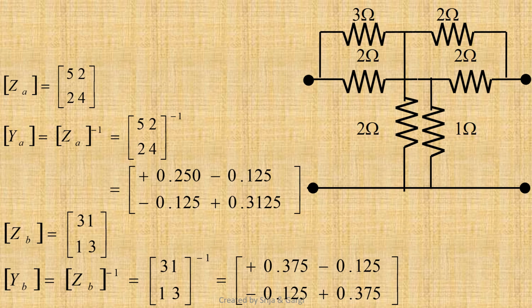We know the overall Y parameter matrix of parallel connected two-port networks is the sum of Y-parameter matrices of each individual two-port network connected in parallel fashion. Therefore, matrix of Y equals matrix of Ya plus matrix of Yb.